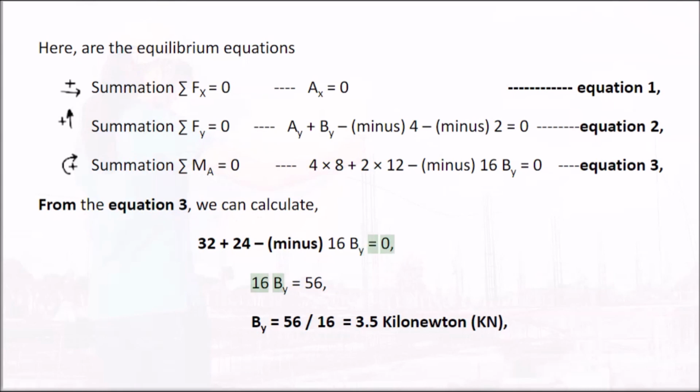16 By equals 56, By equals 56 over 16 equals 3.5 kN.